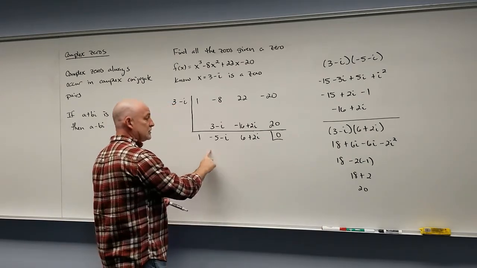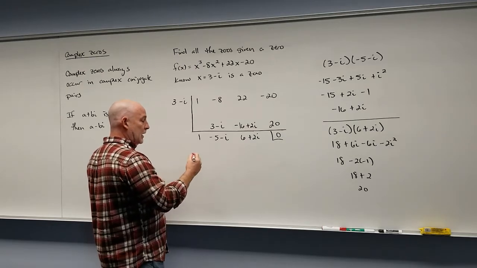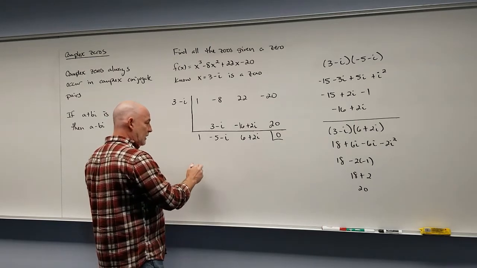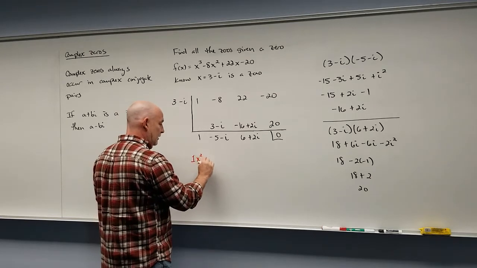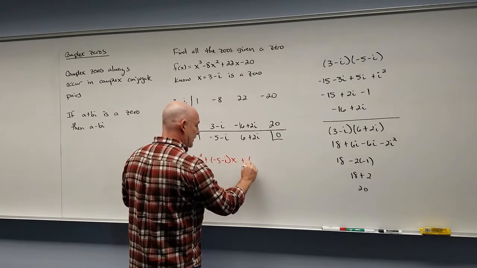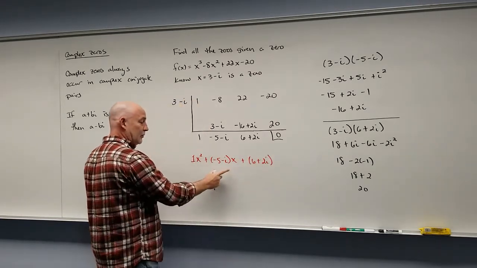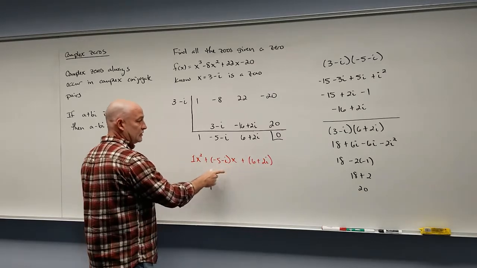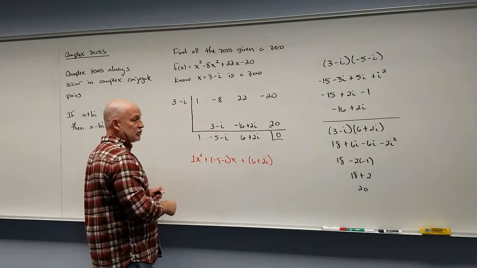So we've managed to reduce this down by 1 power. So technically this is a quadratic. Now you probably don't want to write this because this is really ugly looking. Technically, what do we have here? Well, these are the coefficients of 1x squared plus negative 5 minus i times x plus 6 plus 2i. That's what the polynomial looks like with complex coefficients. Now since we haven't dealt with that before, you really don't want to try to solve that.